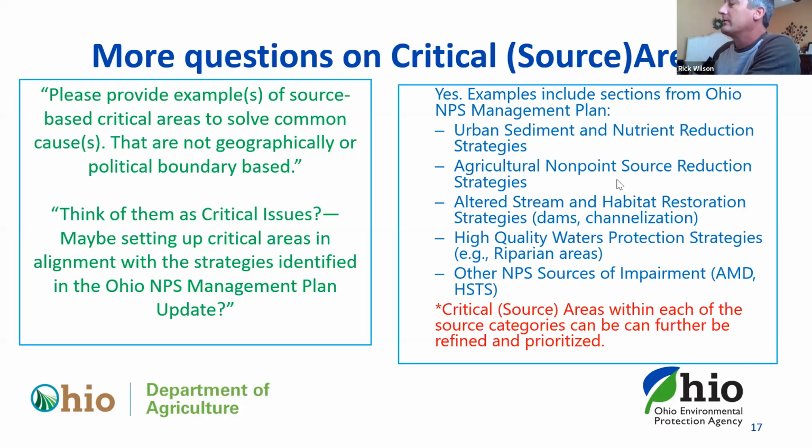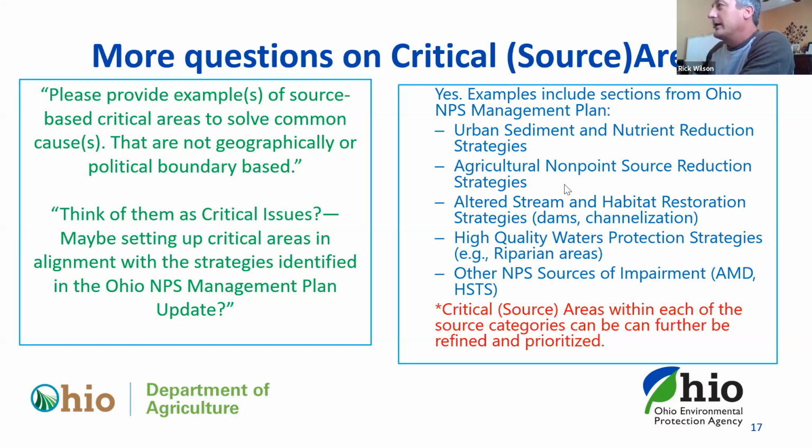Same thing with ag. It might be row crop, but prioritized according to maybe a sub-watershed that has a higher load, or prioritized by folks who have not participated in ag programs, or proximity to stream, etc.